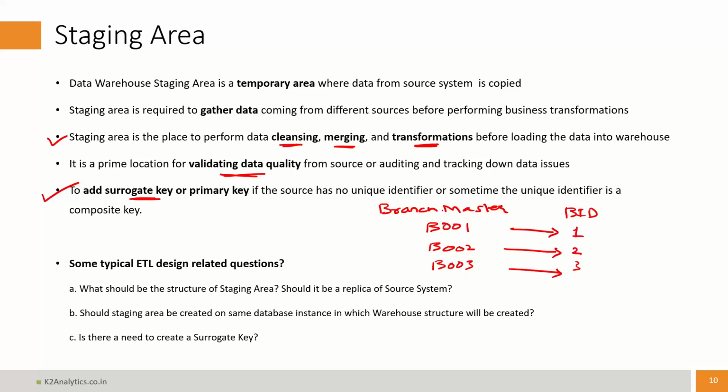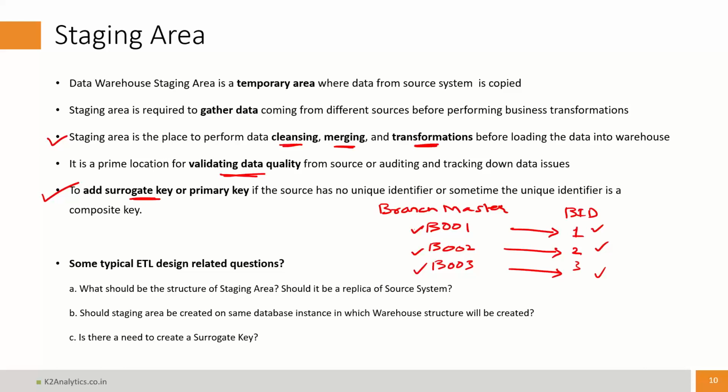Here in the source, the branch master primary key values are strings, and joining data with strings is time consuming as compared to joining with numeric identifiers. As such, you give your own surrogate key. Okay, this is a simple example.